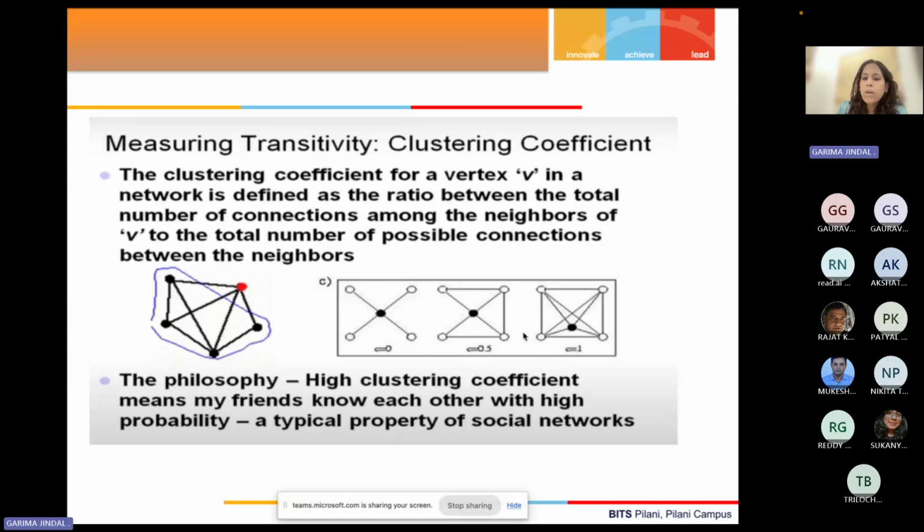So I would also like to add another interesting fact in social networks. There is a research study done. Suppose there is a person who does not have any common friends among their friends. For example, this person has four friends, but those four friends are not friends with each other.